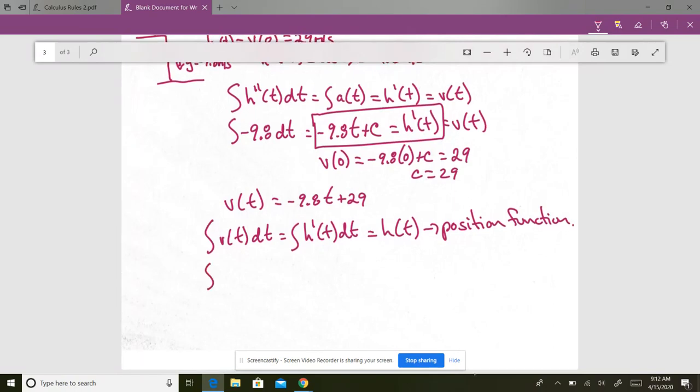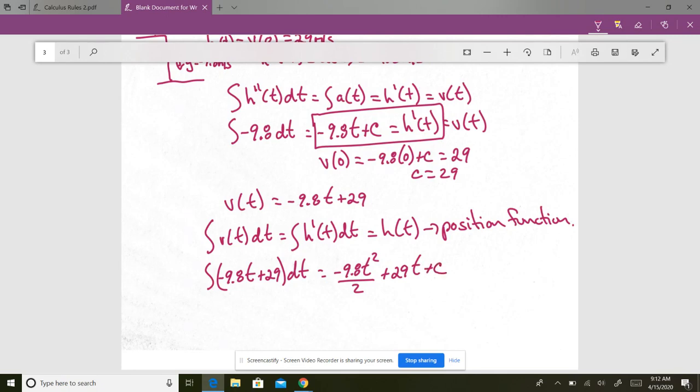So we're going to integrate negative 9.8 t plus 29 with respect to t. And it gives me negative 9.8 t squared over 2 plus 29t plus c.